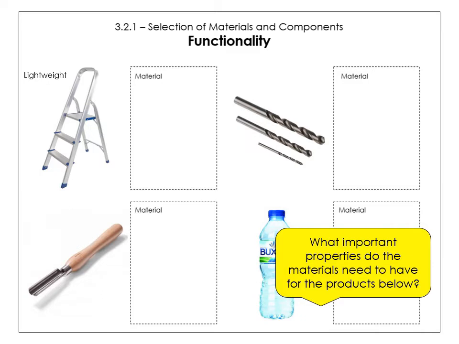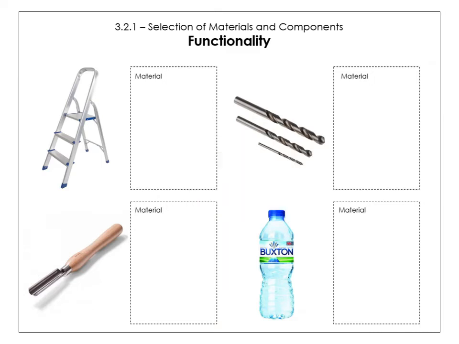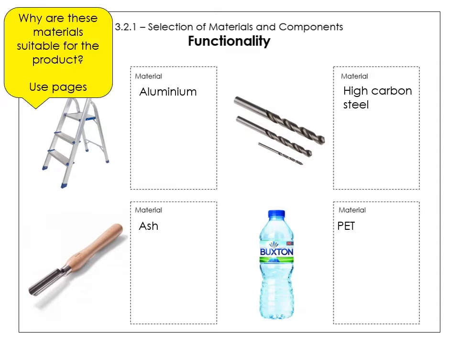Firstly, we're going to think a little bit about the certain types of properties that might be needed, but the materials that you hopefully should have identified are aluminium for the stepladder, high carbon steel, sometimes called tool steel or high-speed steel, for the drill bit, ash for the handle of the, this is actually a wood turning chisel, but a chisel, and PET for the plastic bottle.